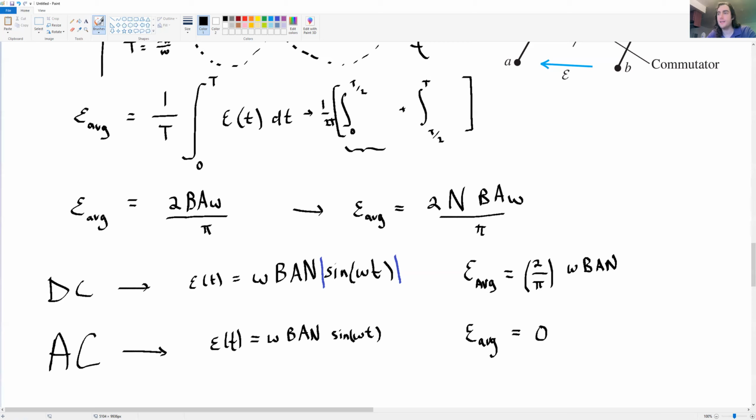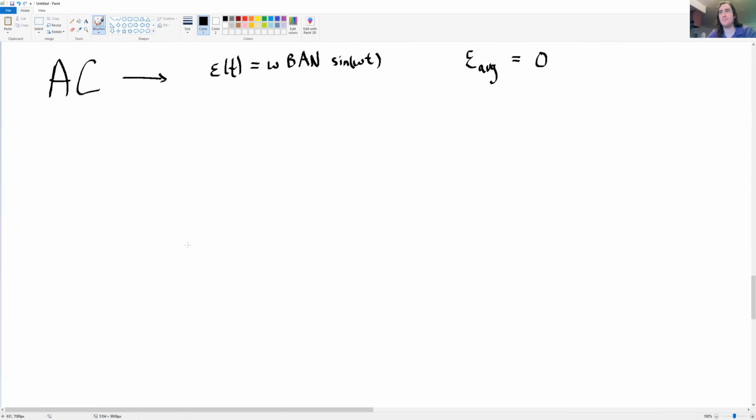Now we're ready to calculate something for this particular loop, namely the motor's back EMF. So now we want to calculate what's called back EMF.